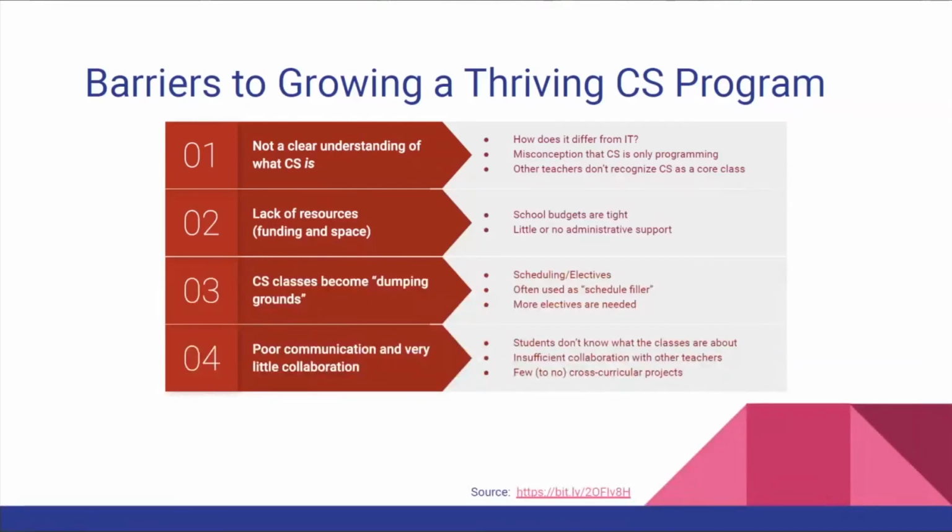So these 4 barriers actually came out of some research that the University of Chicago did nationwide. There's a bit.ly link down there at the bottom. But in addition to their research, a couple weeks ago, several of us computer science teachers got together with Jake in Indianapolis, and just the organic discussion came around to these same barriers.